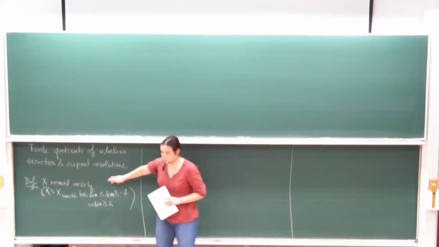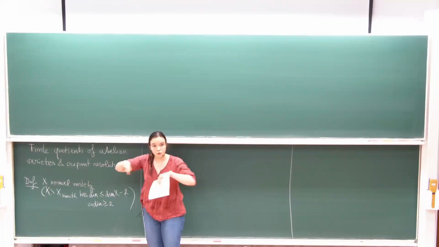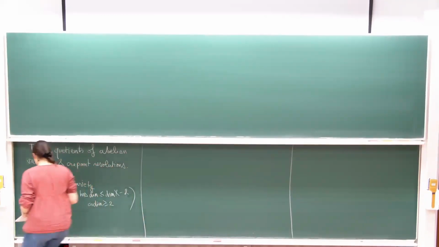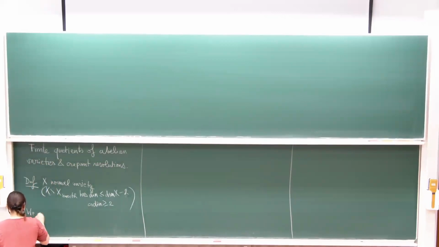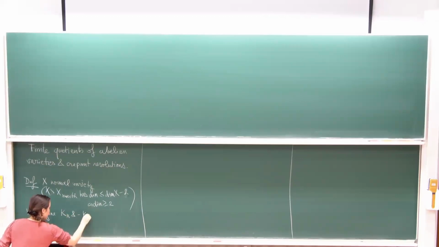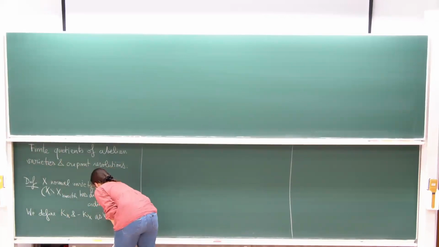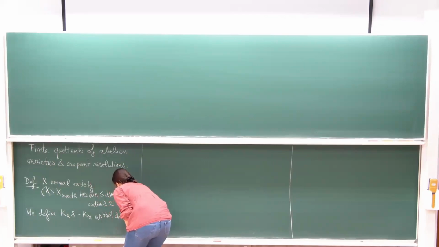So okay, you have some singularities, but they're not too big. And then you can define what I'll call a canonical and anti-canonical divisor as Weil divisors. So they're just some sums of codimension 1 varieties.